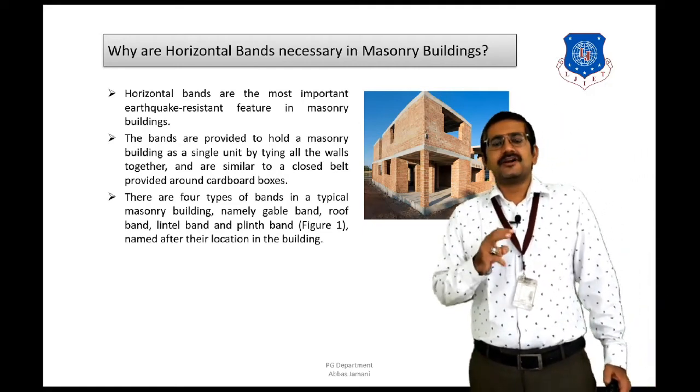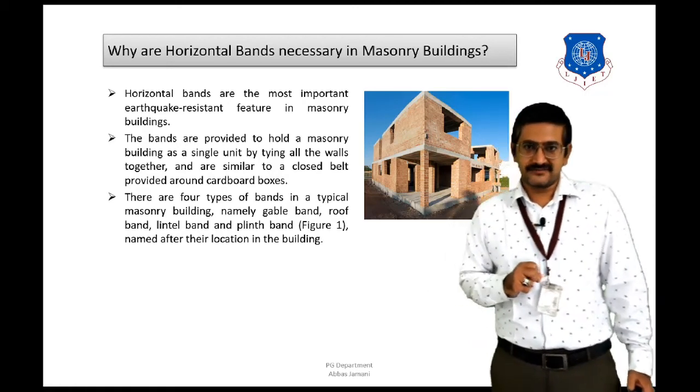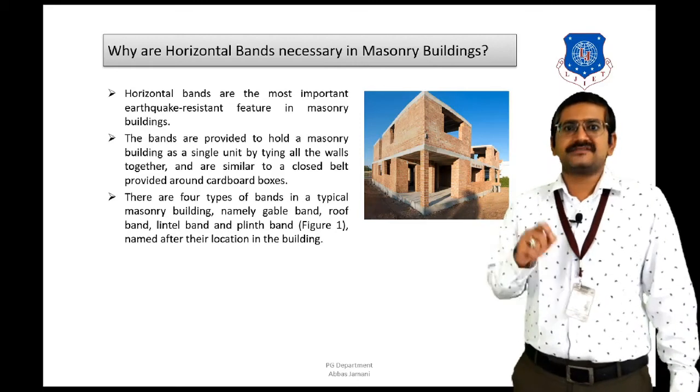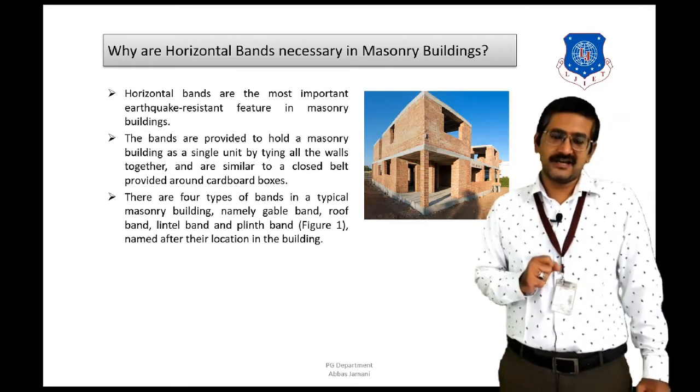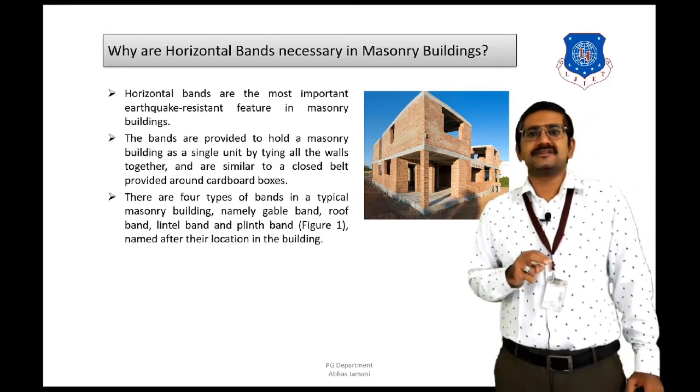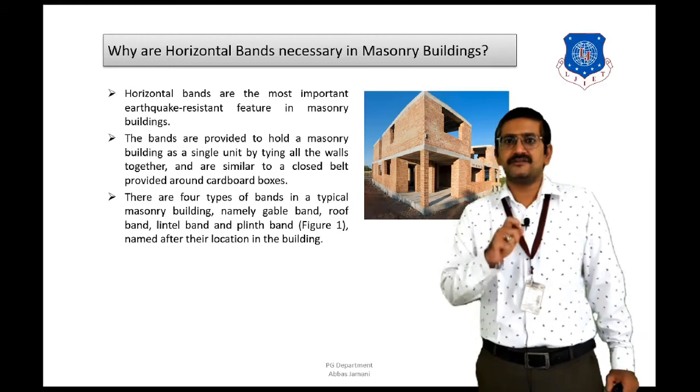In order to achieve this good performance, we discussed two prerequisites. The first was the box section in the building, that is, the entire unit should act as a single unit. And the second criterion was the location of the openings in the building, that is the location of door and window.